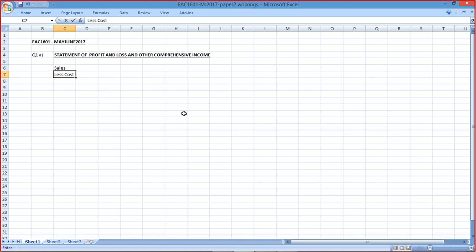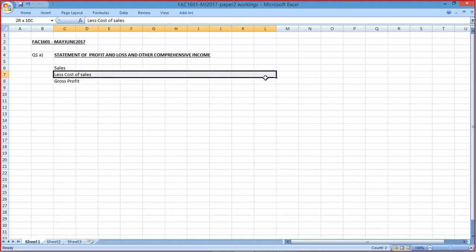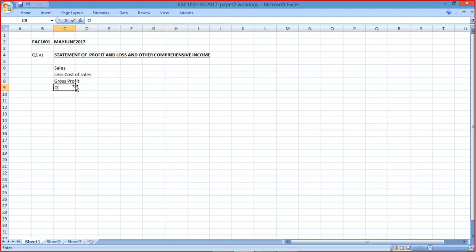Well, we've got a sales line item, less cost of sales, which gives you gross profit. Cost of sales depends on what system they give you. If it's perpetual, then I'll be given cost of sales. If it's periodic, then I need to calculate cost of sales using the equation. Then it's a separate working calculation.